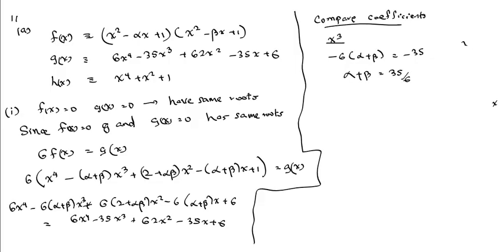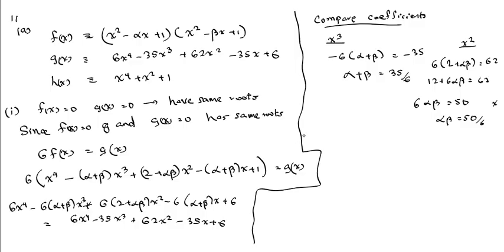When you consider x to the power 2, you get 6 times (2 plus alpha beta) equals 62. Now, opening brackets, 12 plus 6 alpha beta equals 62. 6 alpha beta equals 50. Alpha beta equals 50 divided by 6. Now, what we want, we have alpha plus beta and alpha beta.